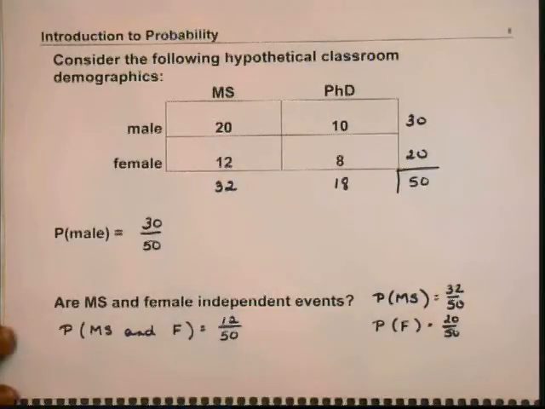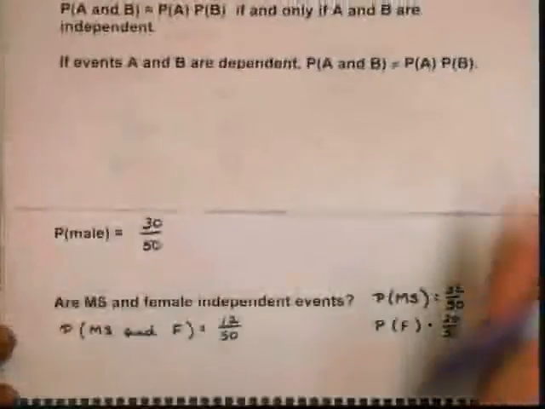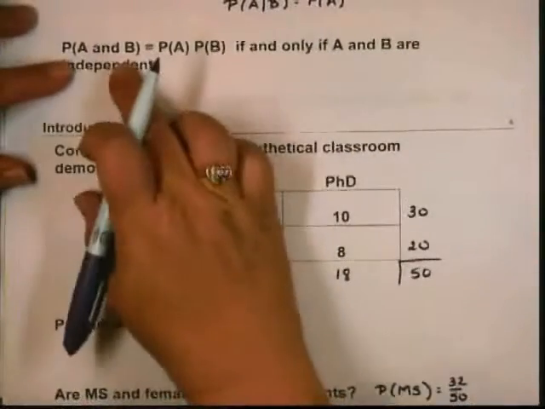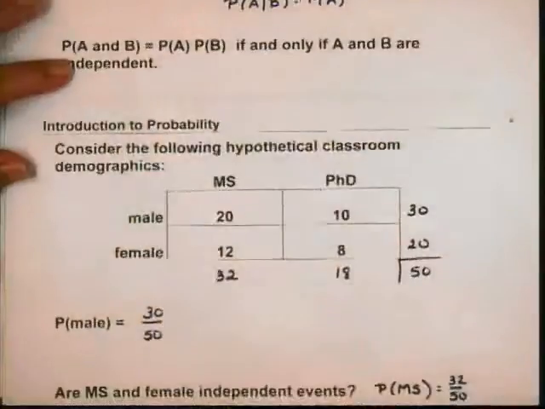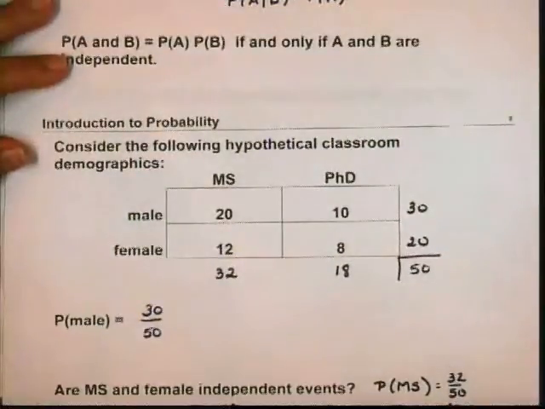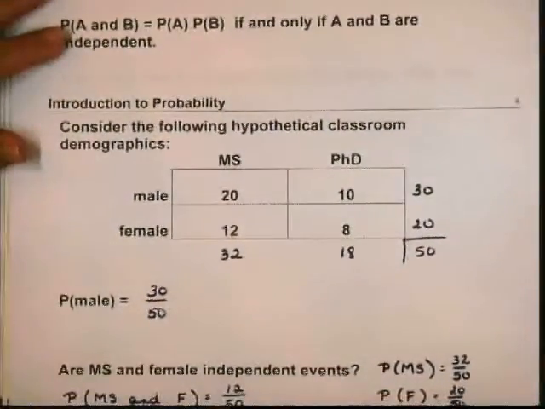Okay, are they independent events? We want to look at this rule on the previous page. The probability of A and B, is it equal to the product of the probability of event A and the probability of event B?